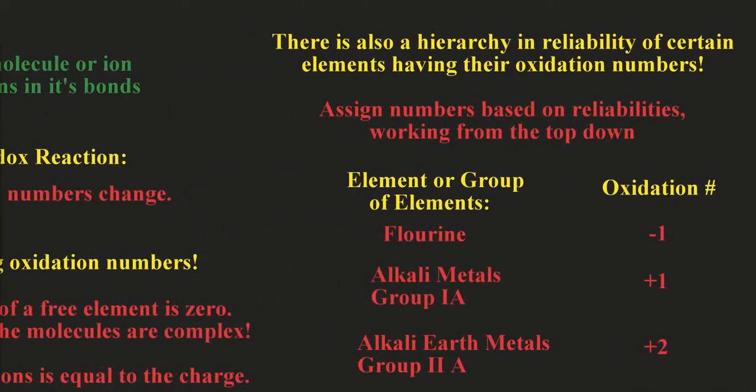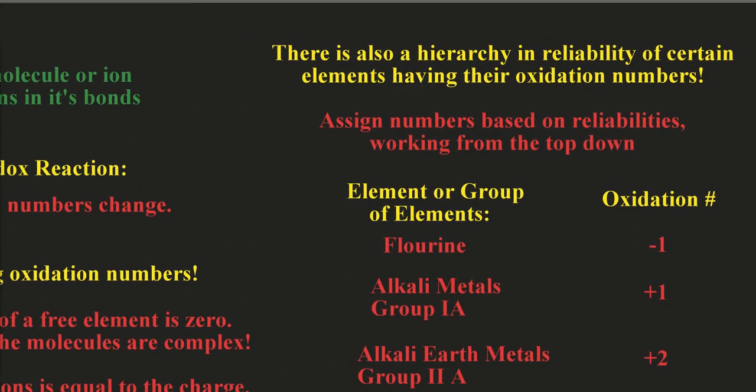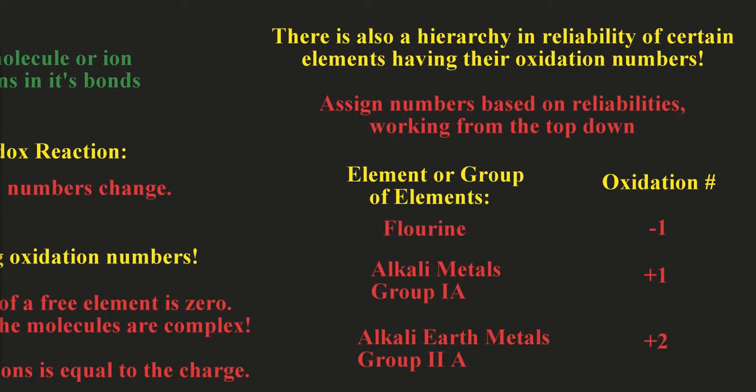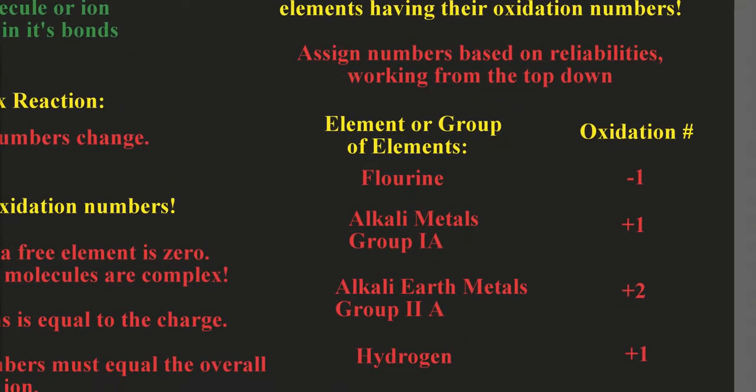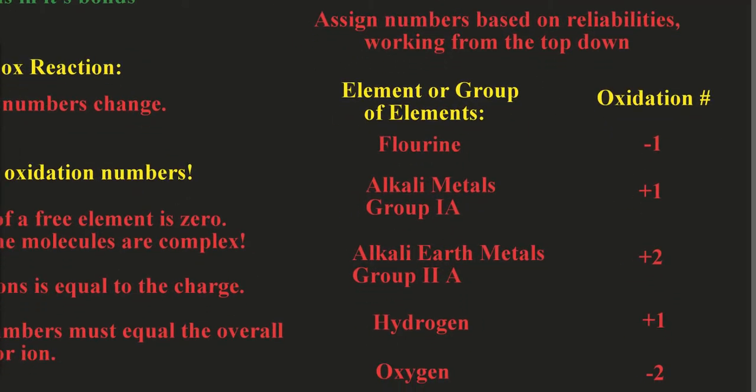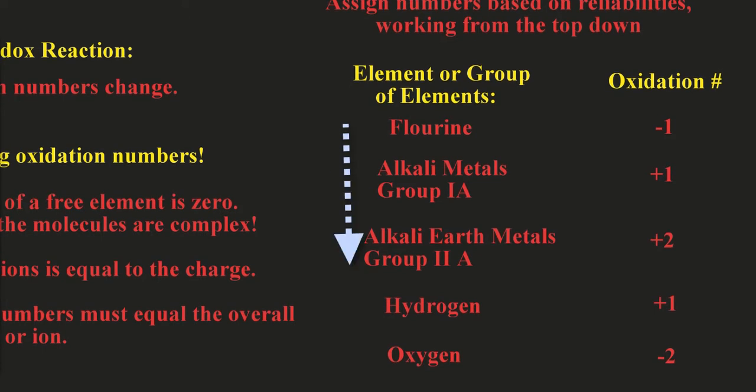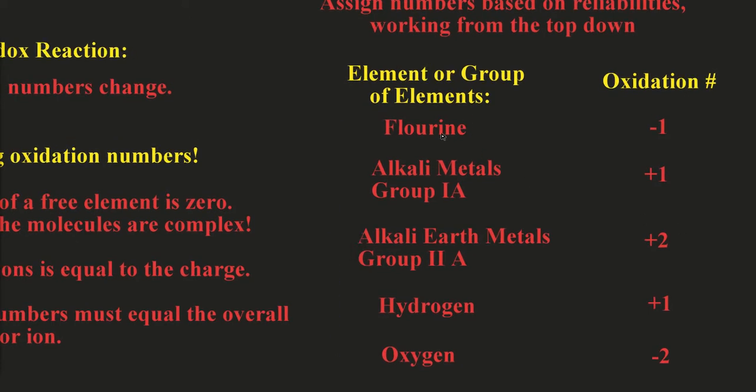There's also a hierarchy in the reliability of assigning these oxidation numbers, and when you're doing this hierarchy, work your way from the top down on this list. So here's the elements and here's its oxidation number. Fluorine always comes first, assign it a -1.